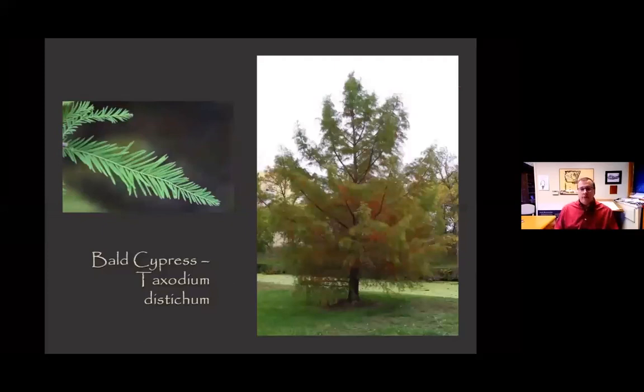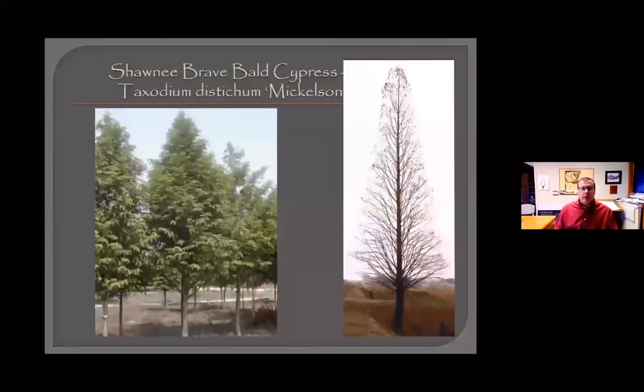Fast growing, but one that could be used within the landscape a little bit more, especially in areas that stay consistently moist. There's just a more upright, straight up version called Shawnee Brave.